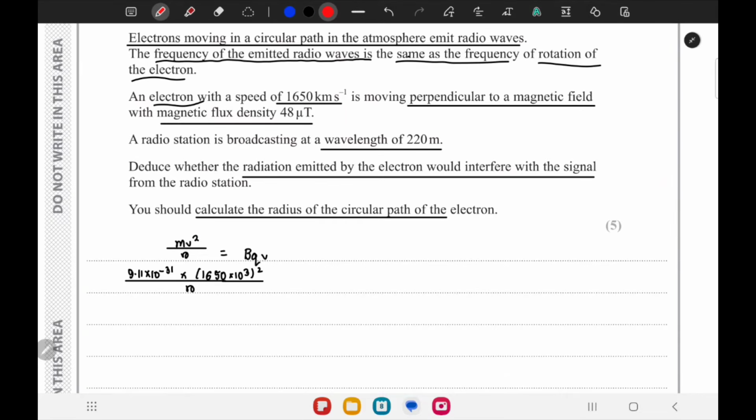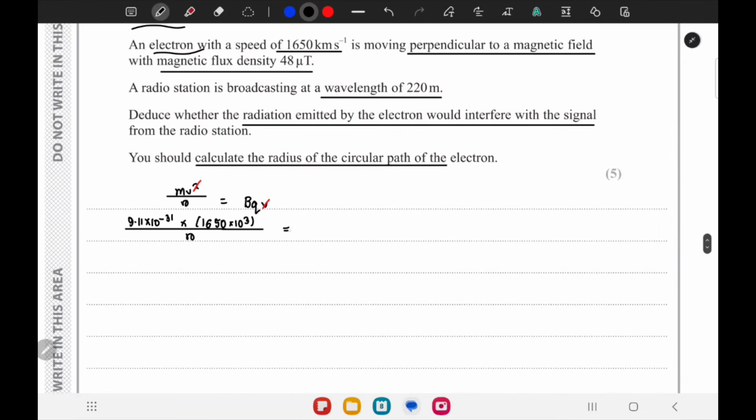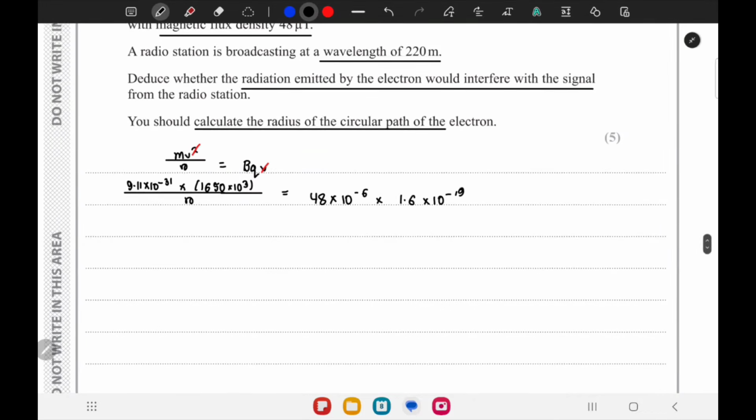We can remove the square since we can cancel the v's out. On the right we'll have the magnetic field strength, which is 48 microtesla, times the charge of an electron, which is 1.6 into 10 to the power minus 19.